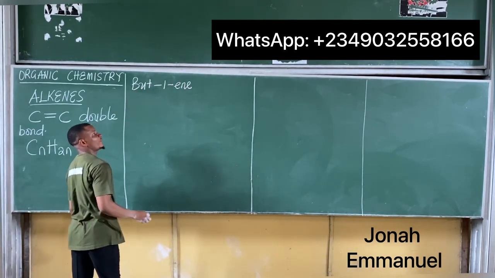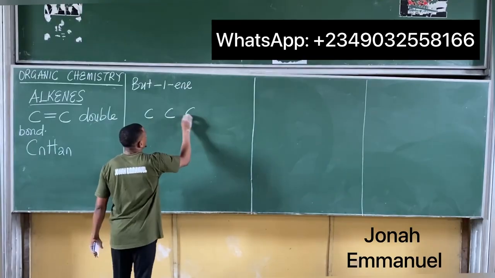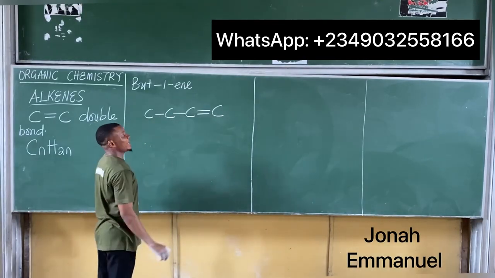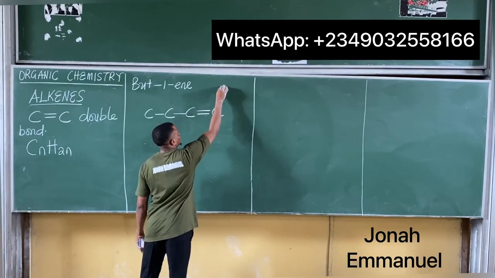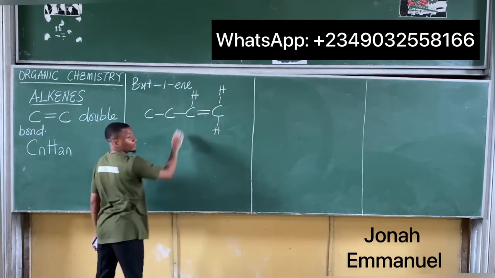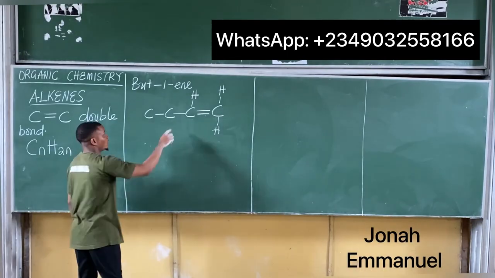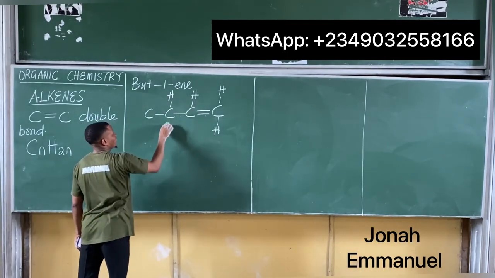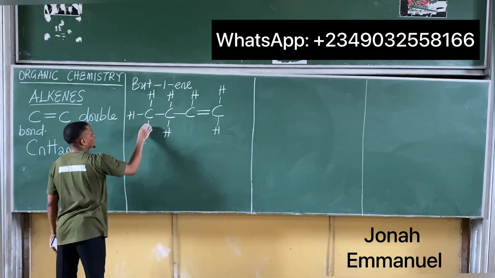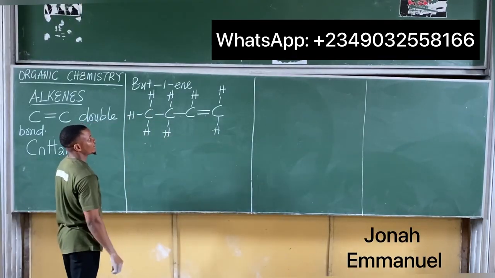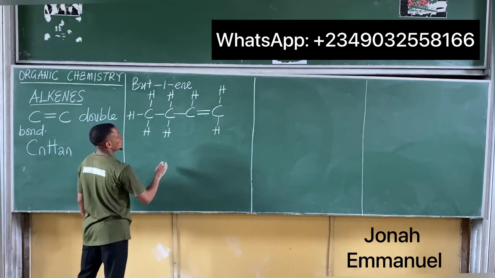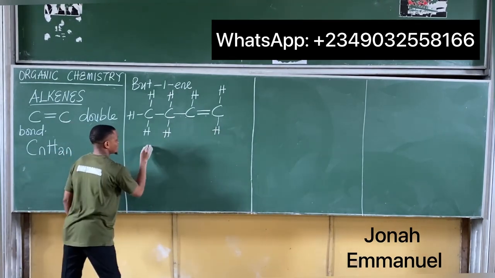For but, I expect 4 carbons: 1, 2, 3, 4. This is but-1-ene. I'll tell you why the 1 is there.